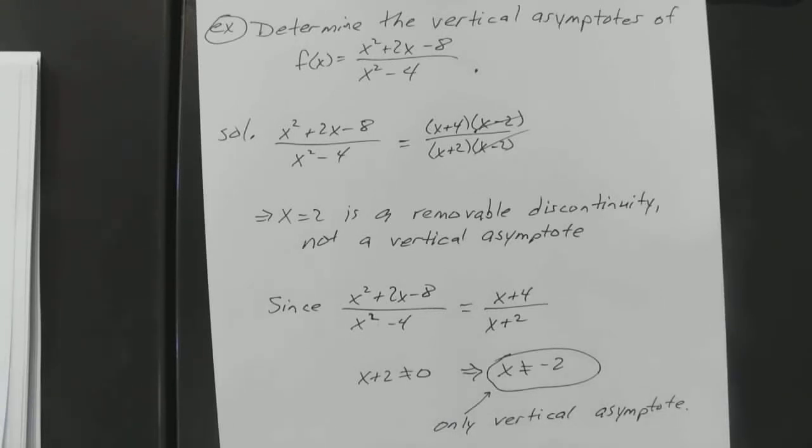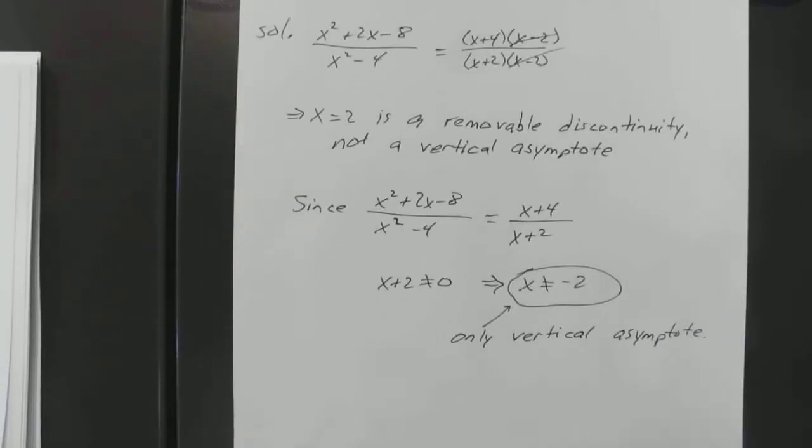Yes. I'm still trying to understand why that's the only vertical asymptote. Only if both the denominator and numerator simplify?